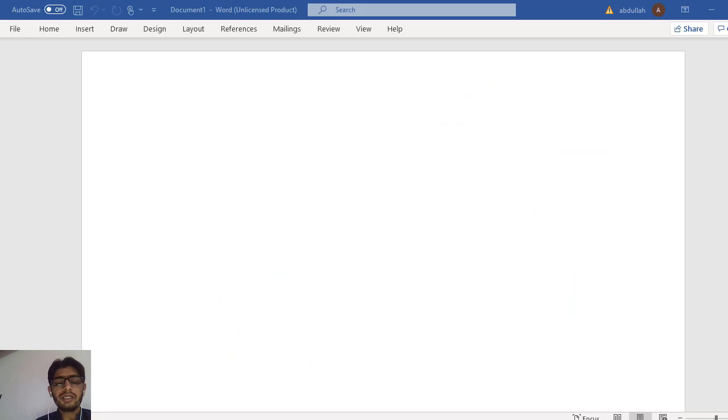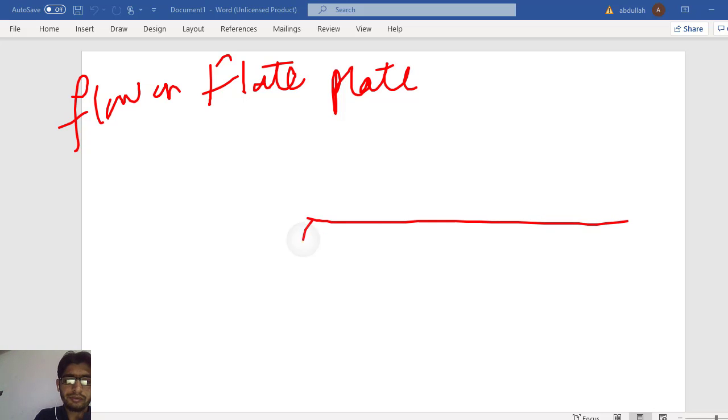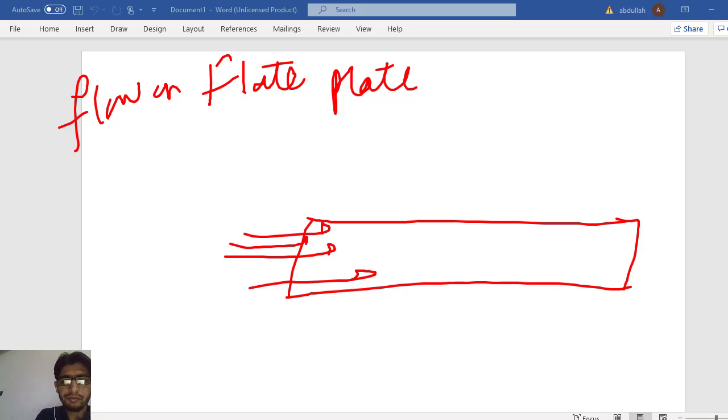Now for external flow, the Reynolds number is different. For example, flow of fluid outside a plate. Suppose this is a plate and the fluid is flowing on the plate.